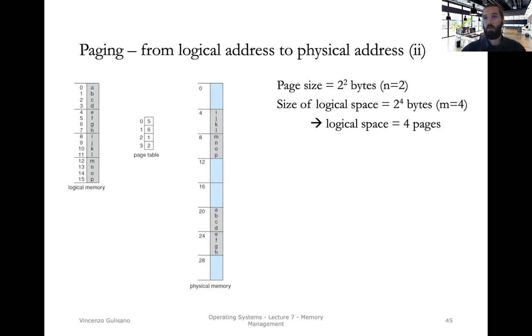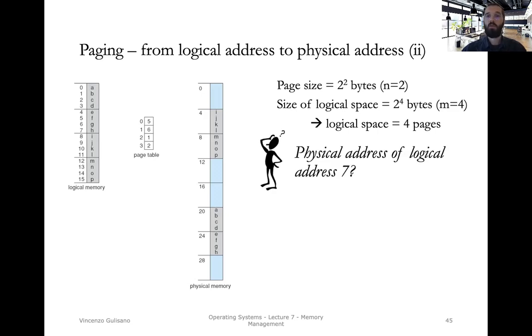Because as you can see, we need, in this case, 4 pages for a total of 16 addresses to maintain the process in memory. So what is the physical address of logical address 7? Well, you take 7, you put it in binary, and then you take the prefix, which is in this case the first 2 bits, to compute what is the page, and the last bits to compute what is the offset. This is saying that it is page 1, offset 3.